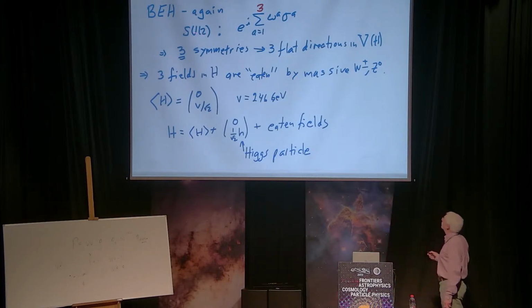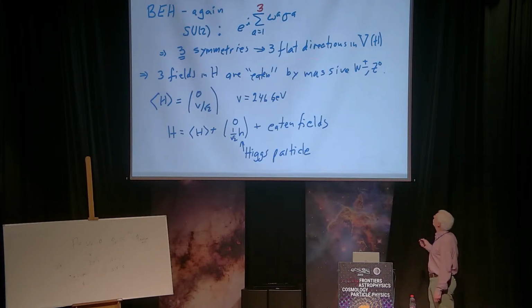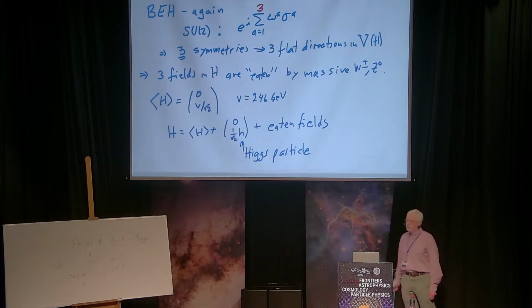Here it is. So as I said, SU2 is generated by this type of phase. So there's three generators, Pauli matrices with three functions that are arbitrary, and that gives you three symmetries, and therefore there's three flat directions in the potential.